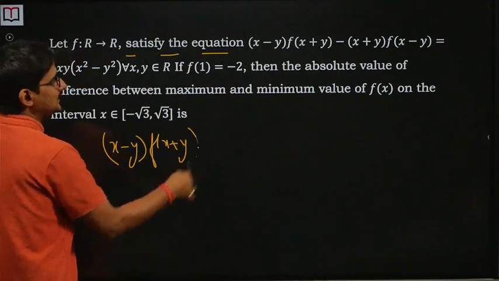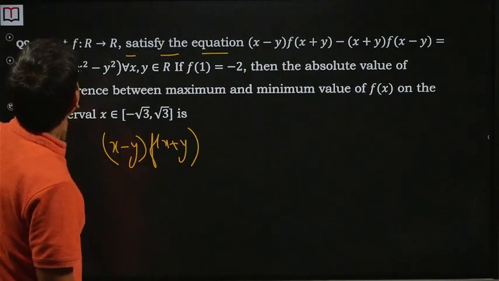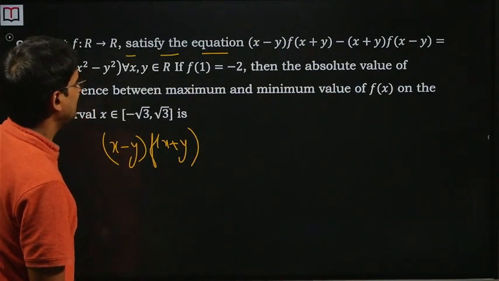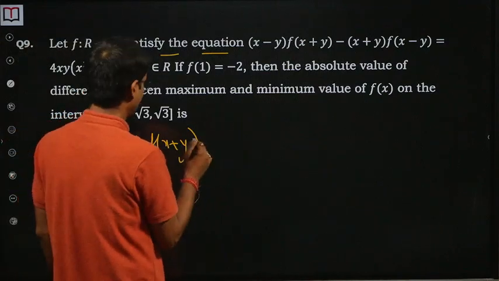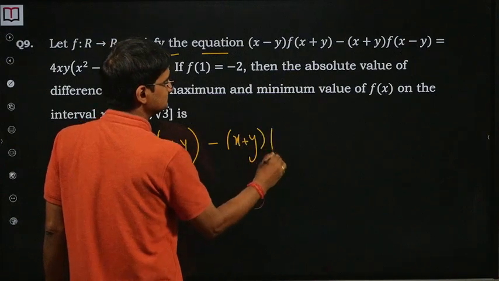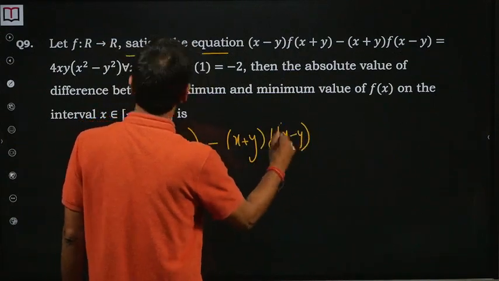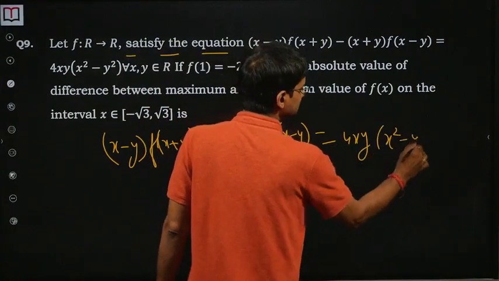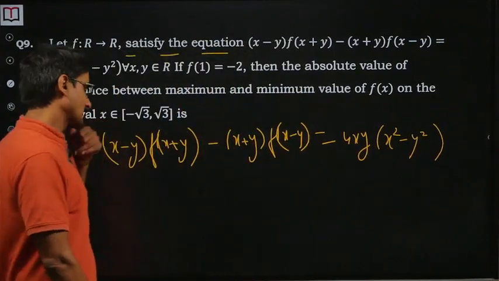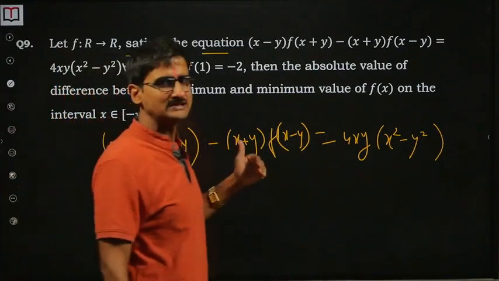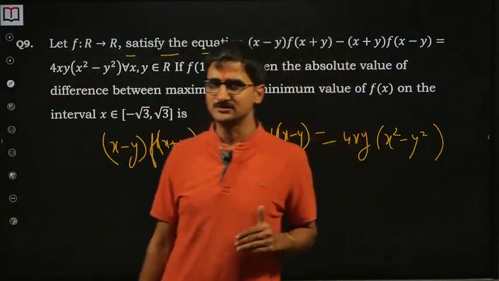So since... then the absolute value of the difference between the maximum and minimum value of f of x is... But I almost guessed, I was able to guess the function here.